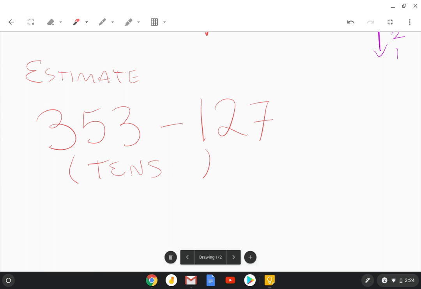So this is what your problem is going to look like. If I'm going to do this, I'm going to round both numbers to the tens place. I'm going to look at 353, and because this is the tens place and the next digit is a 3, it's going to go down.